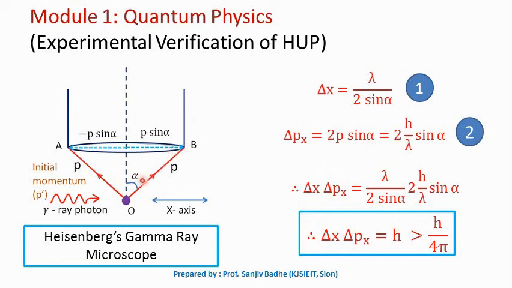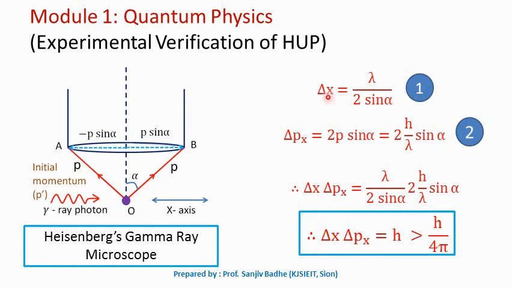So in order to perform the experiment, the microscope should exist, and sin alpha should be non-zero, and as soon as sin alpha is non-zero, uncertainty in the determination of momentum is introduced. By using the de Broglie relation, p is equal to h upon lambda. So the uncertainty in the determination of momentum of the electron is 2h by lambda times sin alpha.